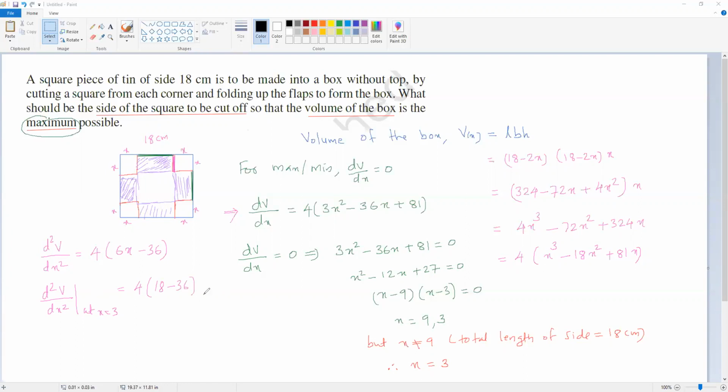So 18 minus 36 is negative. Negative into a 4, that is negative, that is less than 0. So this इसका मतलब है at x is equal to 3, volume is maximum. Volume is maximum.